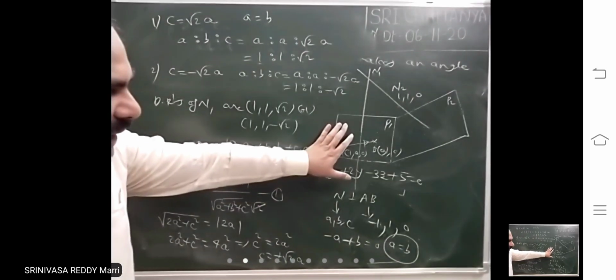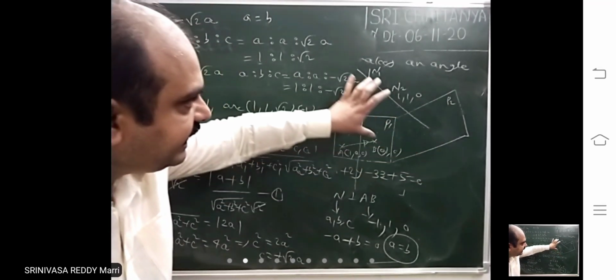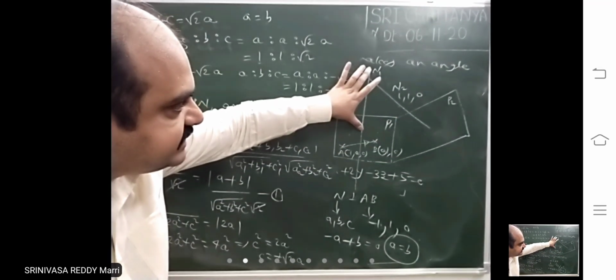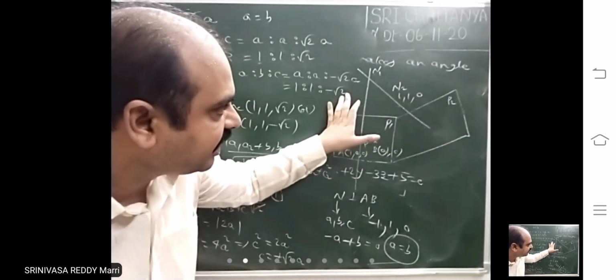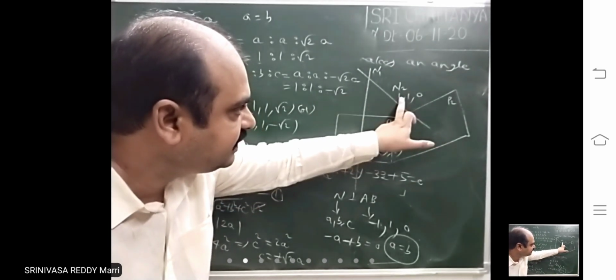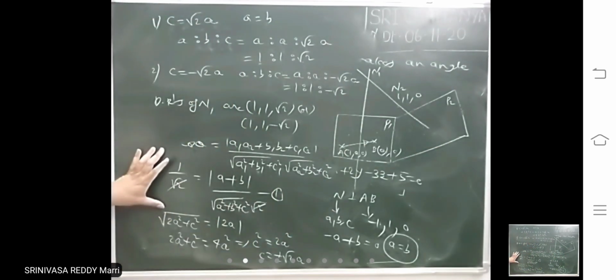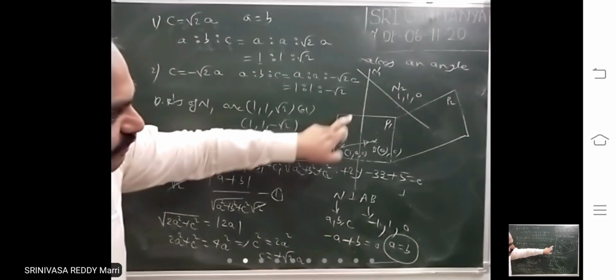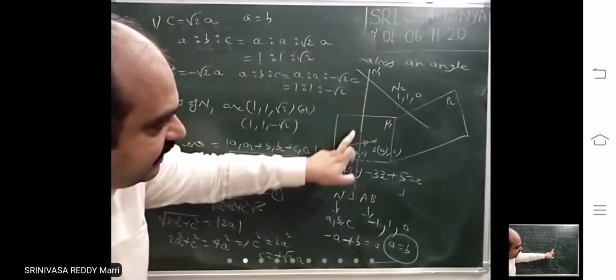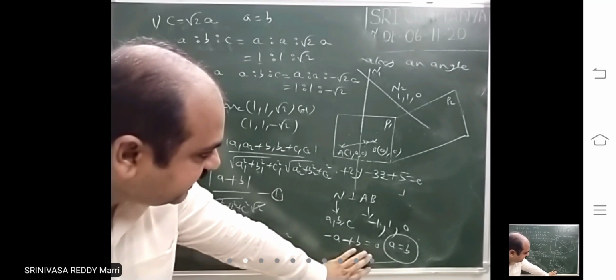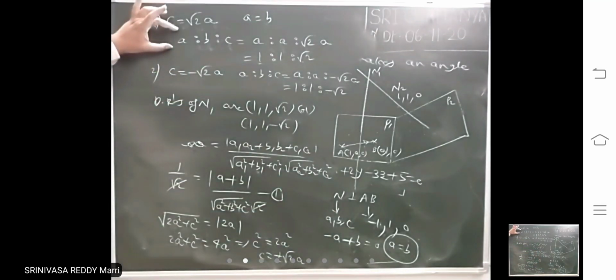Whenever planes are inclined, you take the required plane's DRs A, B, C and apply the angle formula with the DRs of the other plane's normal, and you will get a relation. Now in this plane AB lies, and N1 is perpendicular to AB, which is another condition. What you have to find is A is to B is to C, those are nothing but the DRs.